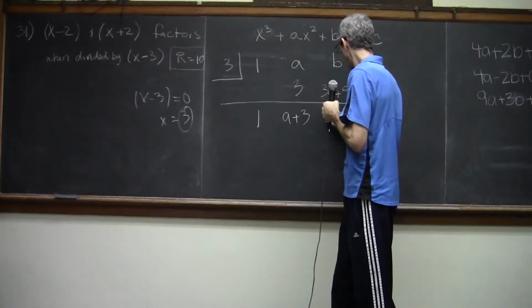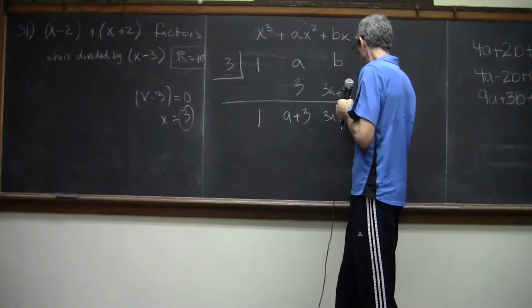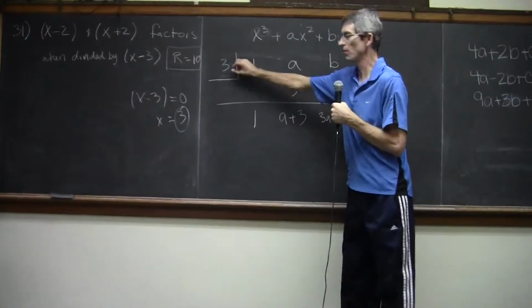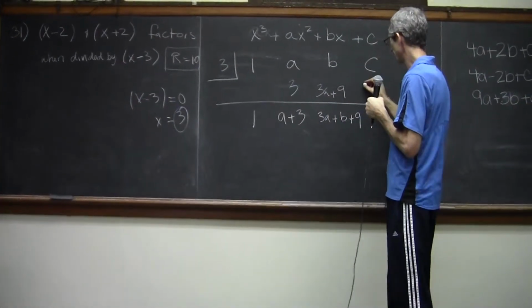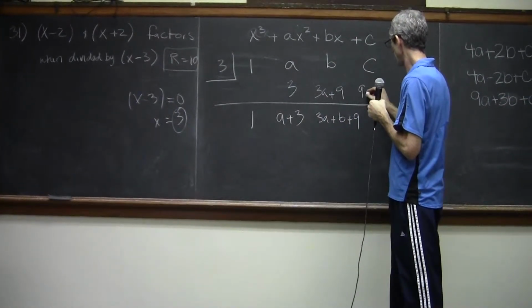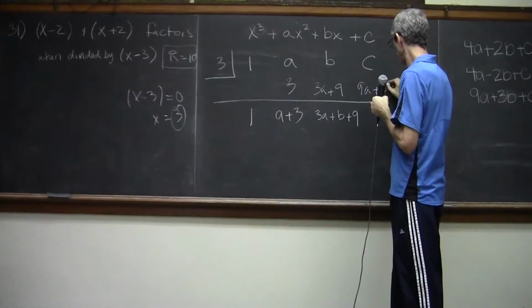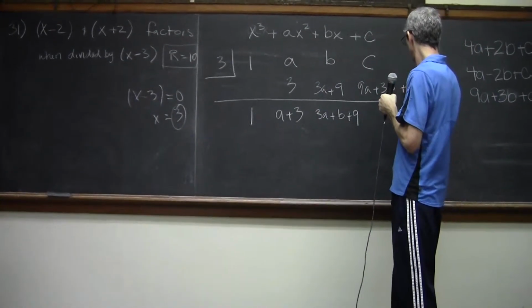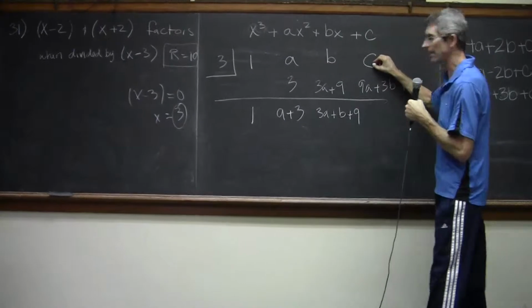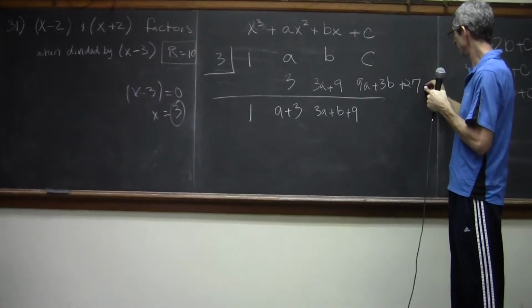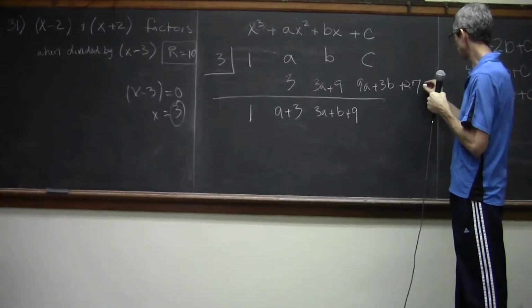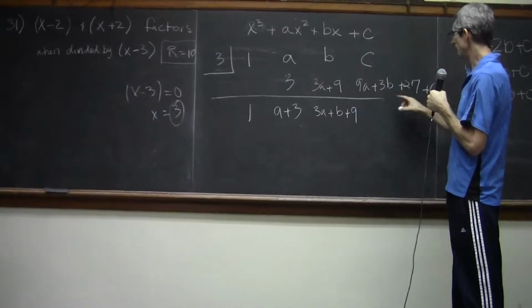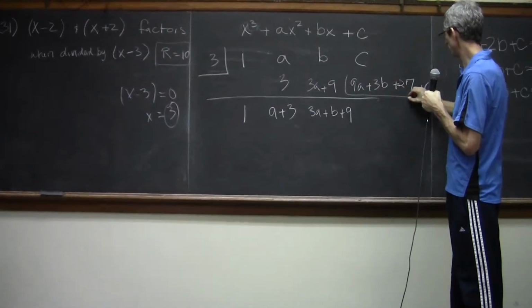Drop that down to 3a plus b plus 9. Multiply that again by 3, and I'm going to get 9a plus 3b plus 27, and then I'm going to have to add c to that. So rather than writing it all out, I'm just going to write plus c. And all of that is the remainder.